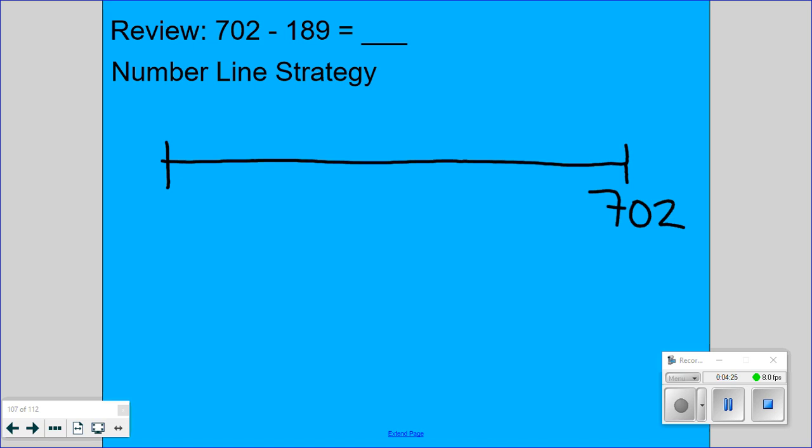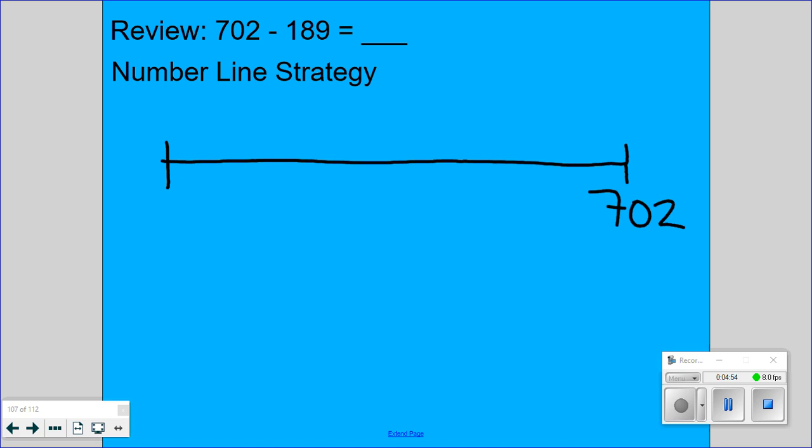Not a trick question, it's on the board. No, we're not jumping anything yet. How far backwards am I going total? I'm going 189. Now, I'm not going to do a big jump of 189. That's crazy. What do you want to do first? Tegan? 100.